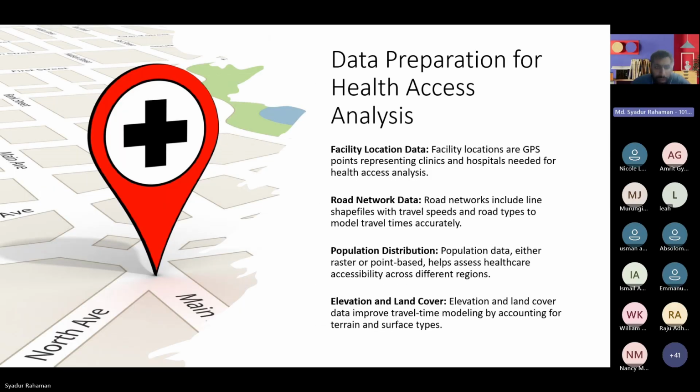For this analysis, what kind of data do we need? Firstly, we need the facility location data, like where your health centers are located and where your hospitals or clinics are located. Second, you use the road network, because to access the health service you must have better accessibility on the road.